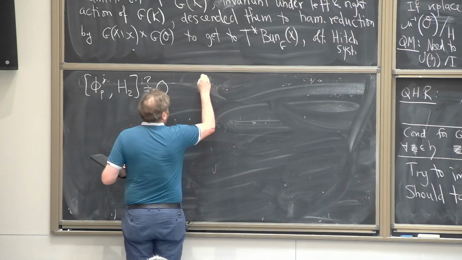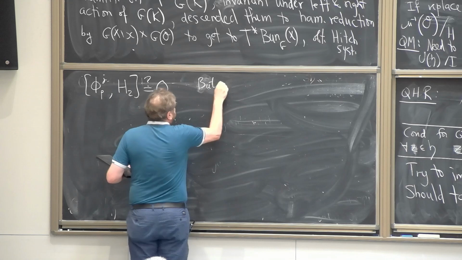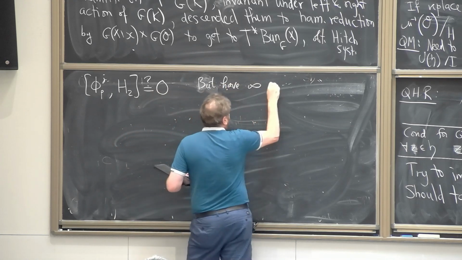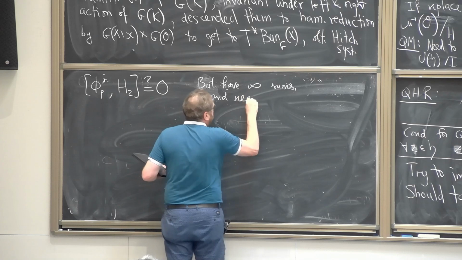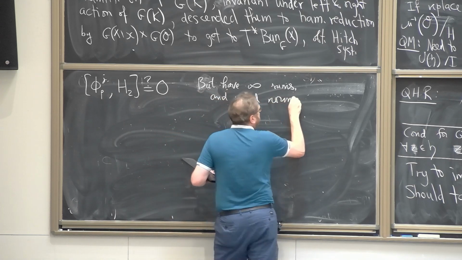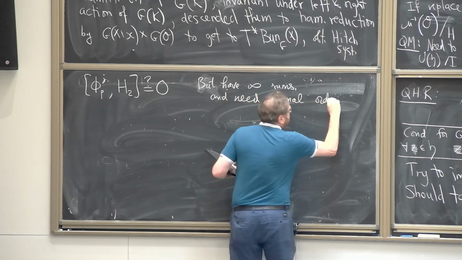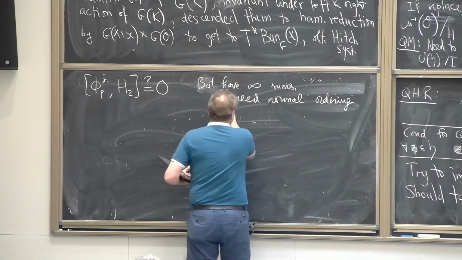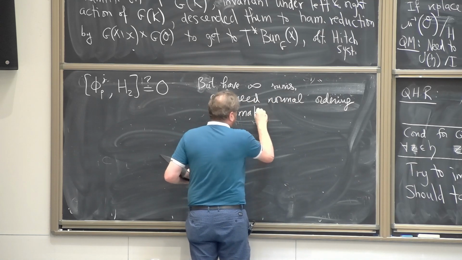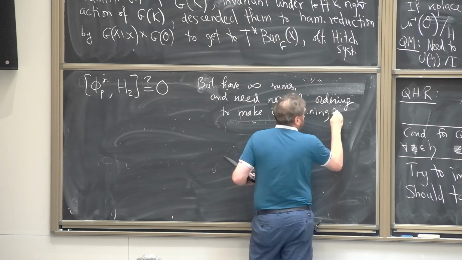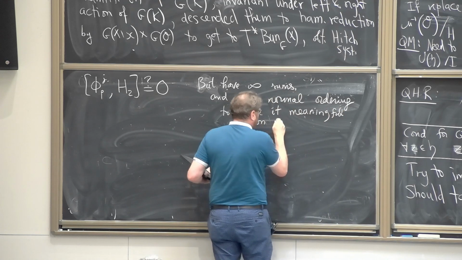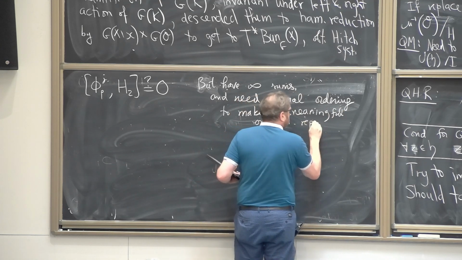So we have infinite sums and need normal ordering, as physicists say, to make it meaningful on finite dimensional representations.